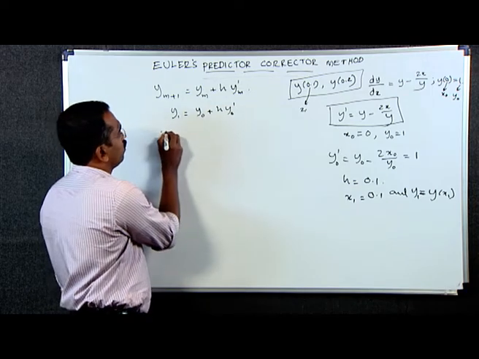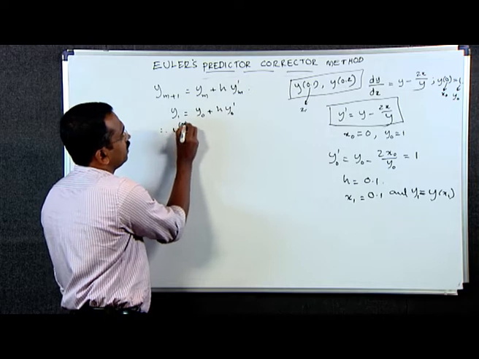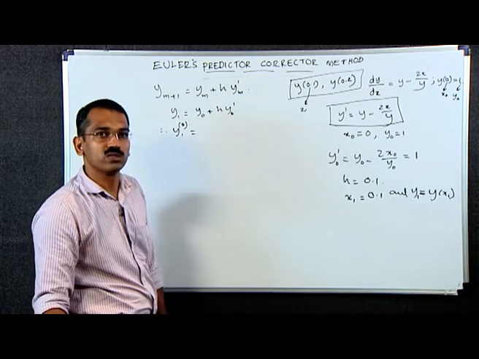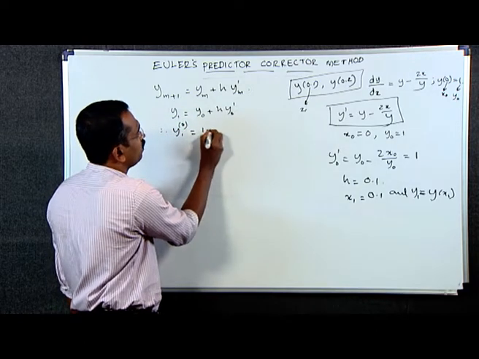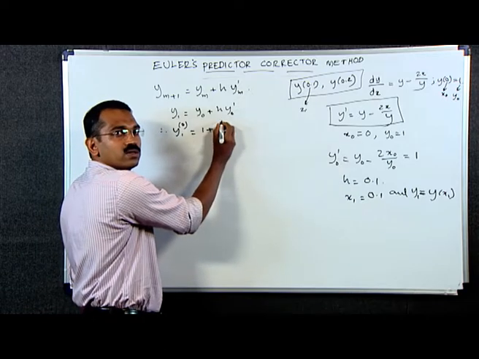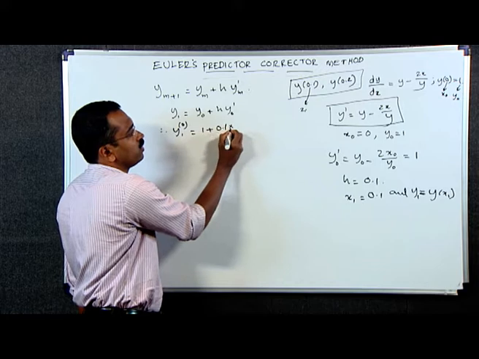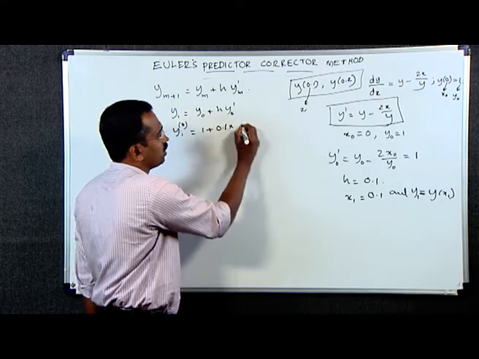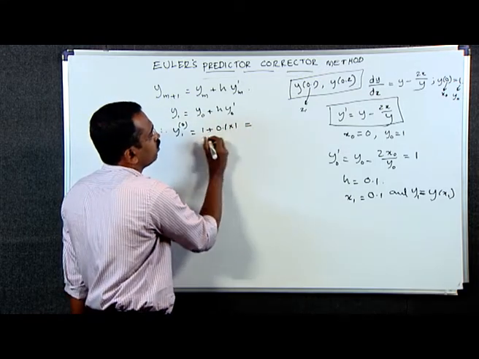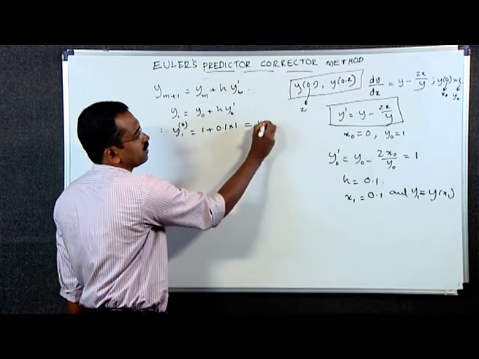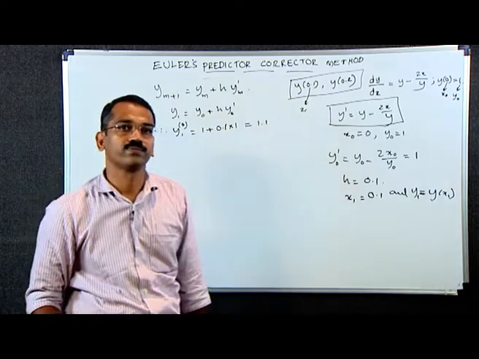Therefore, the first initial approximation y1 superscript 0 is equal to 1 plus 0.1 into 1, here y naught is 1, h is 0.1 and y naught dash is 1. This is equal to 1.1.